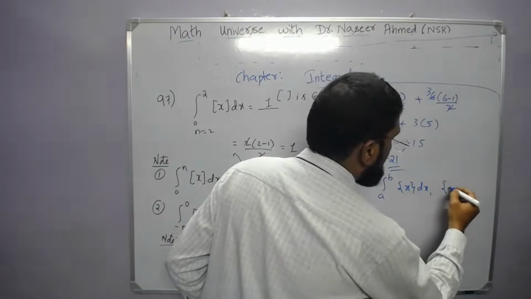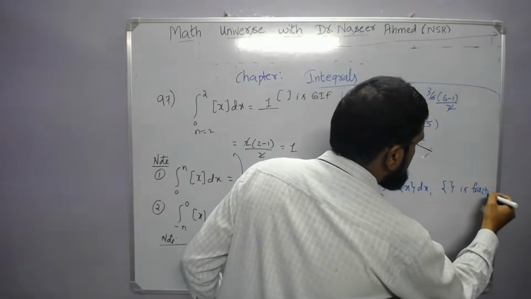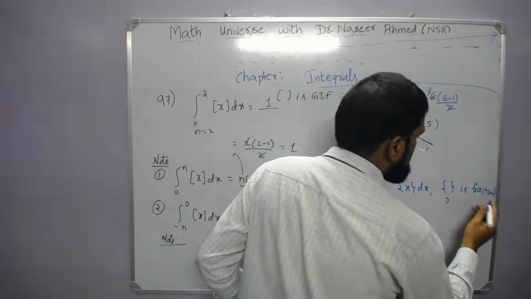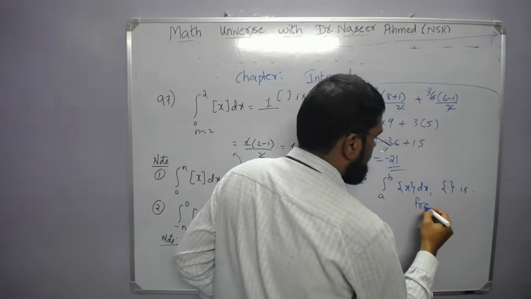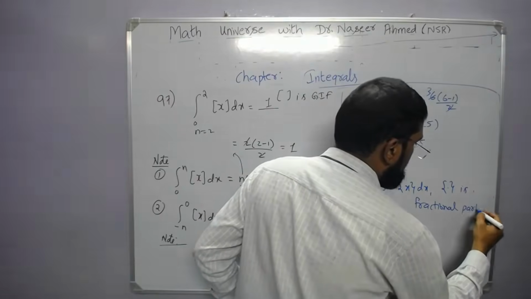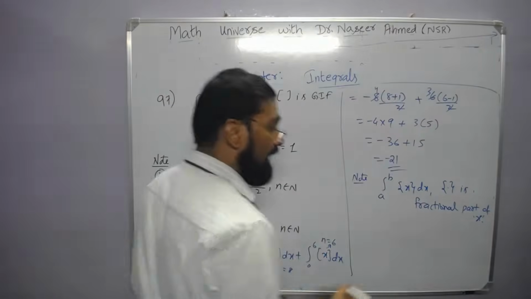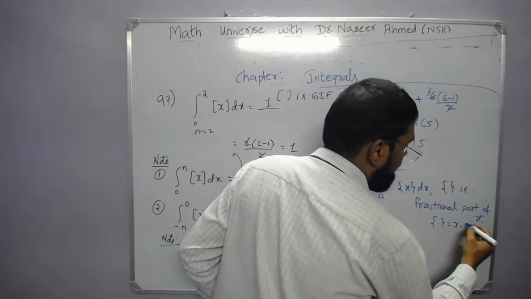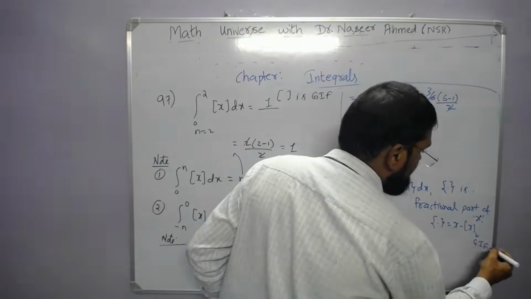Let me write it more clearly: the fractional part of x, which is also defined with a flower bracket. It's actually the difference of x and the greatest integer function of x.